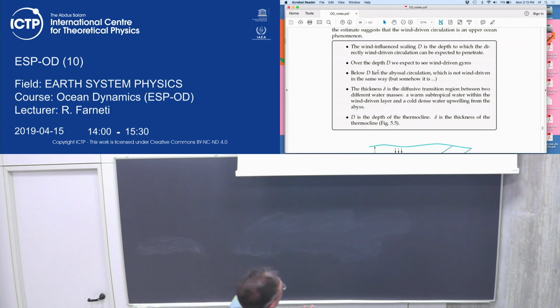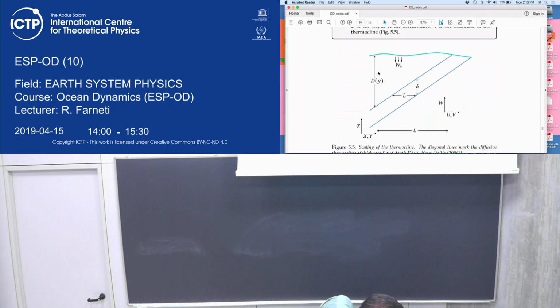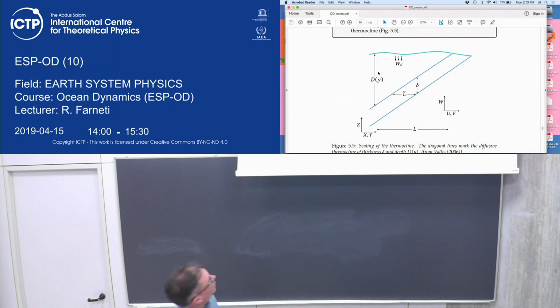So D is the depth of the thermocline, and delta is the thickness of the thermocline, which is schematically reproduced by this figure. D tells you how strongly those isopycnals are tilted, and between the surface, that green line, and the blue isopycnal, that D is where the ocean feels the wind stress.